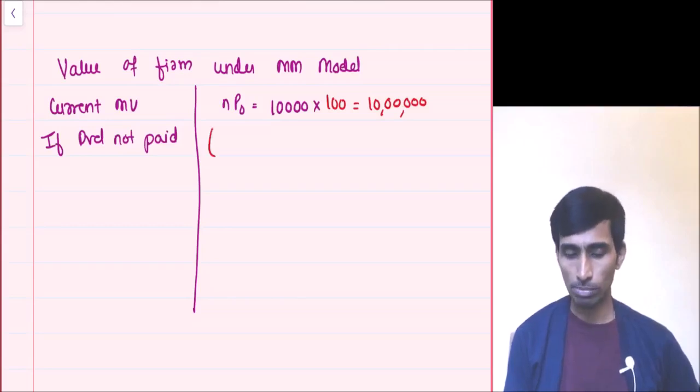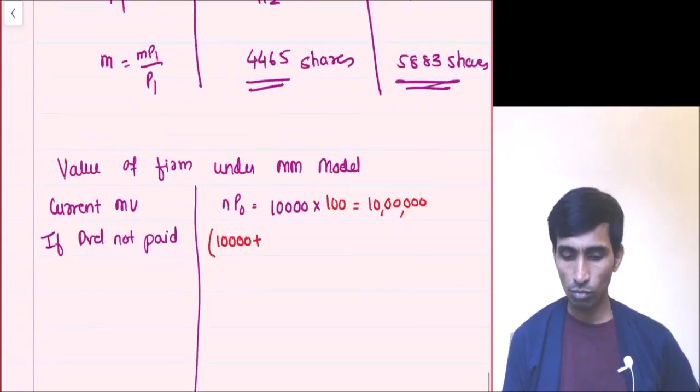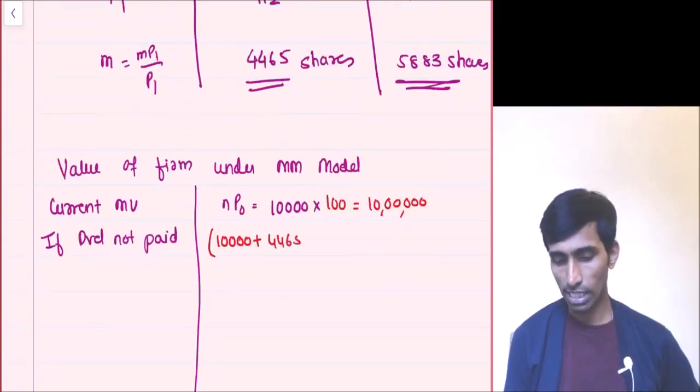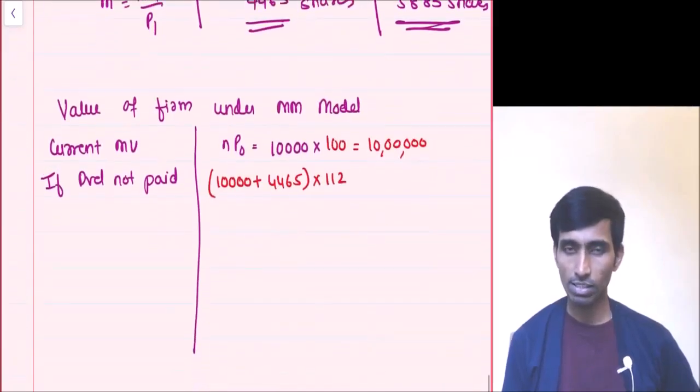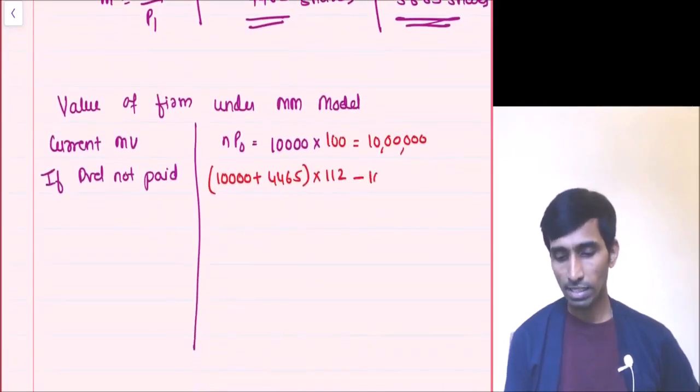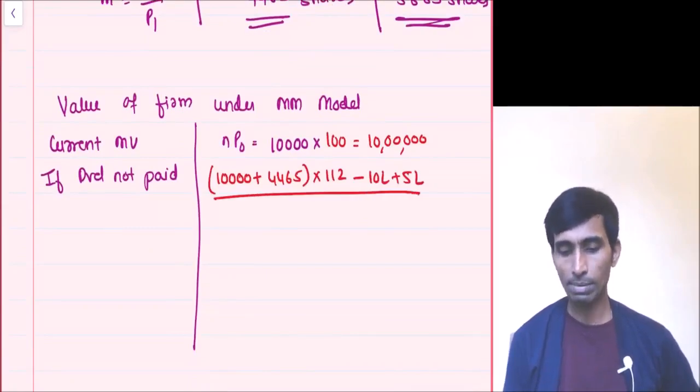Okay, this is the current value. If dividend is not paid, then 10,000 existing shares plus 4465 is what I'll issue, correct? Into price, which is 112, right? Minus 10 lakh plus 5 lakh. 5 lakh was my retained earnings, correct? Divided by 1.12.